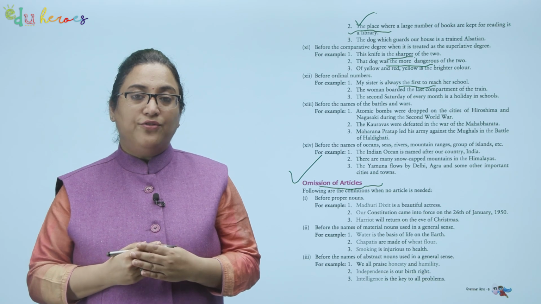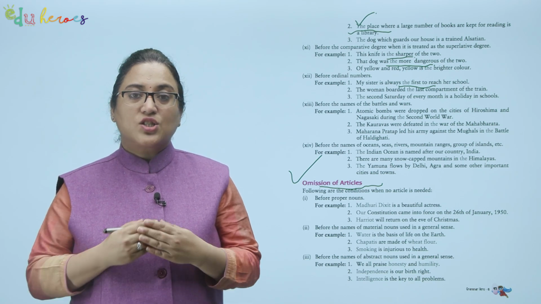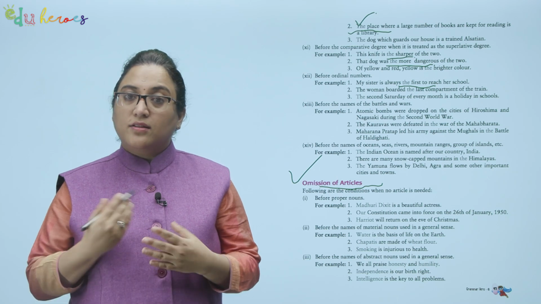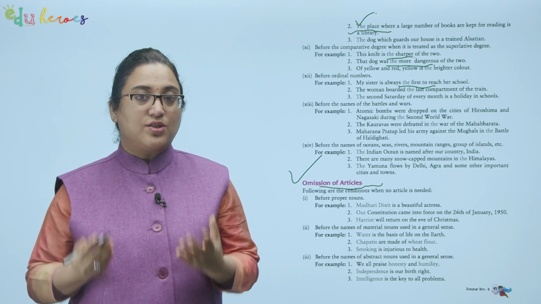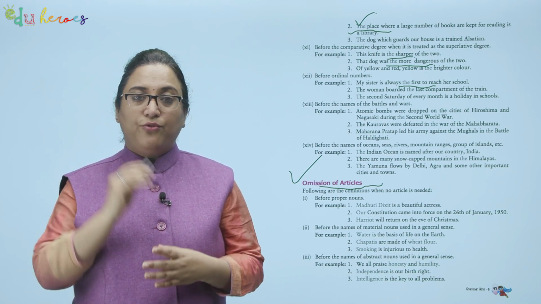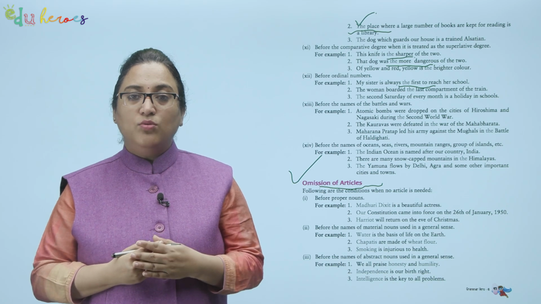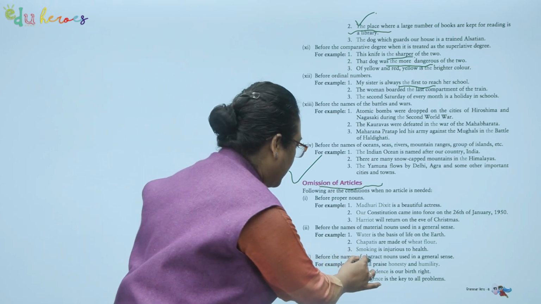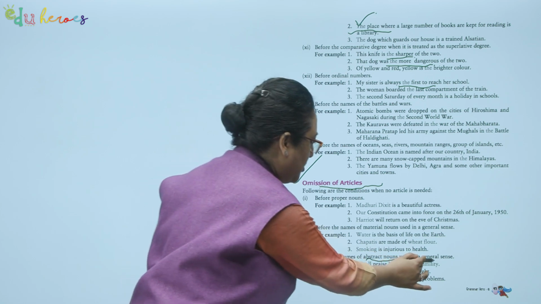Chapatis are made of wheat flour. Smoking is injurious to health. The third category, where omission is required, is before the names of abstract nouns and in a general sense. So, abstract nouns but general sense.